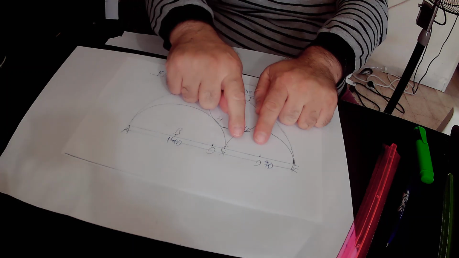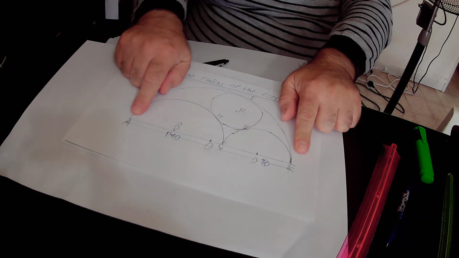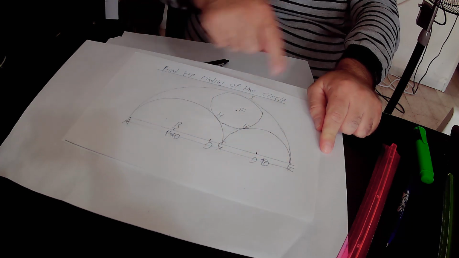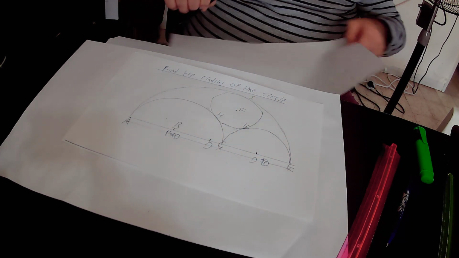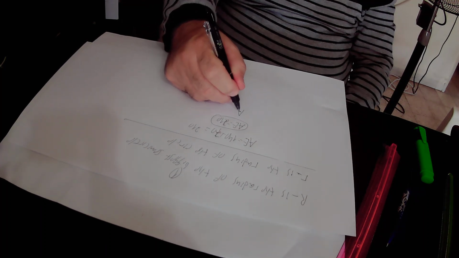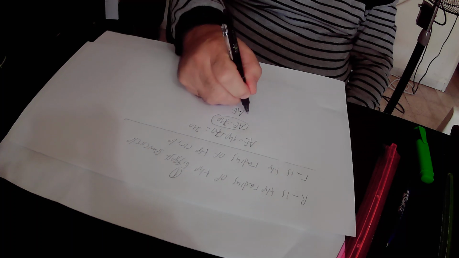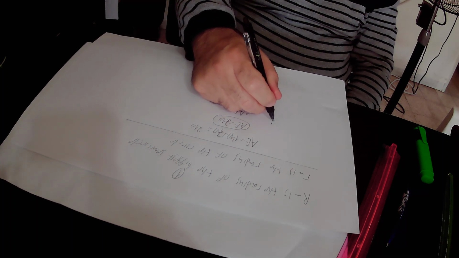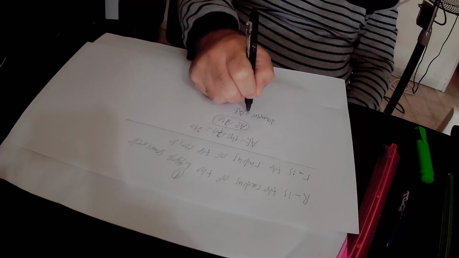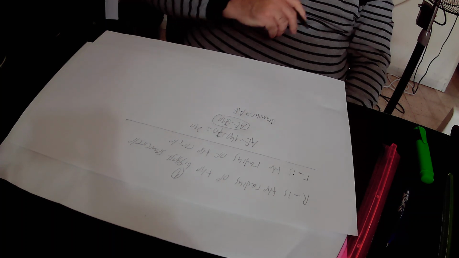But what is actually the definition of line segment AE? AE is the diameter of the biggest semicircle. So I write it down. AE is the diameter of the biggest semicircle.